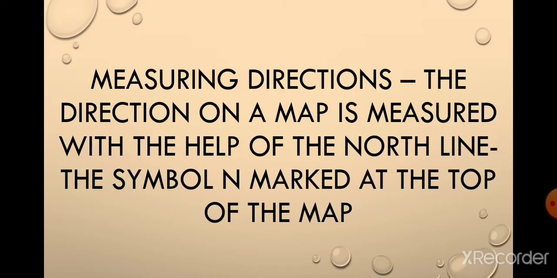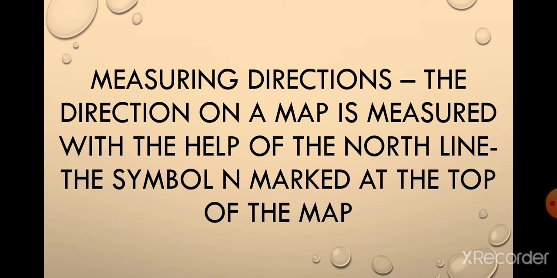Let's come to the next part, measuring direction. Now what is this measuring direction? The direction on a map is measured with the help of the north line. I showed you that everywhere the map is pointed towards the north. The symbol N is marked at the top of the map. I have shown the example at 2 places.